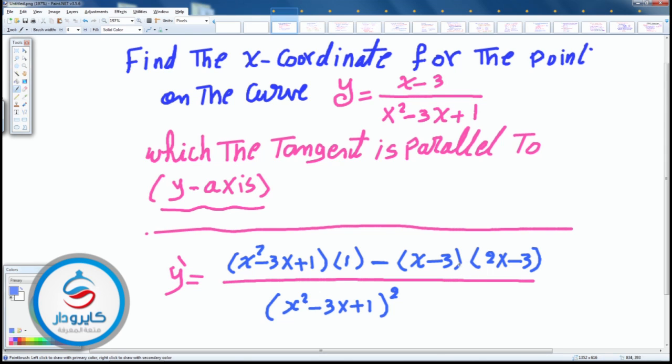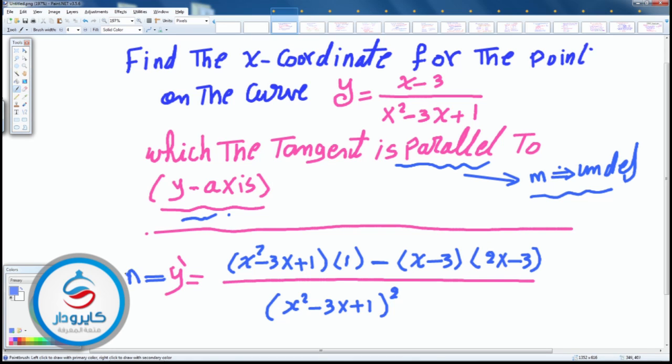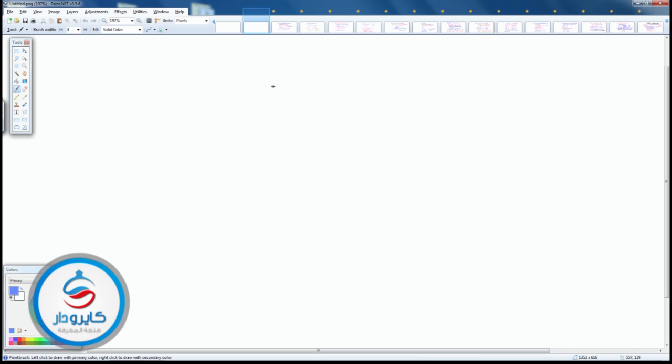Take care, we are not going to expand the numerator, because he said that the tangent is parallel to the y-axis, that means m is undefined. When a fraction is undefined, it means only the denominator is equal to 0.